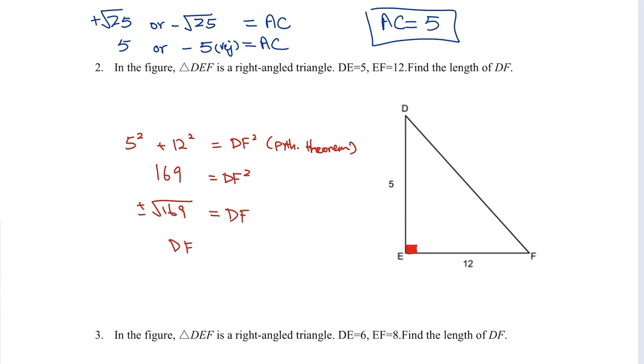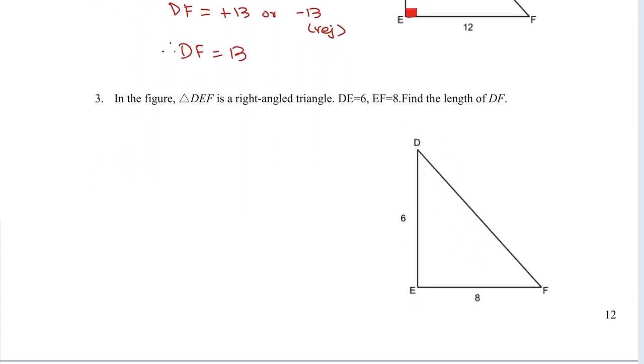So DF equals the square root of the answer, positive 13 or negative 13. Can it be a negative line? No. So you put rejected here. So DF is only 13. Sometimes the question may need you to write both answers because the square root of 169 includes these two. But since this is a line, you can't have a negative number.